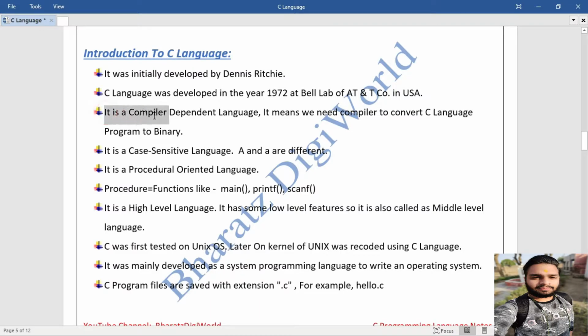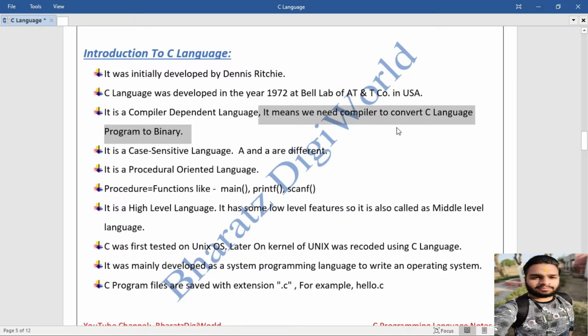C language is a compiler-dependent language. That means the program of C language is dependent on compiler. It means we need to compile our program to convert C language program into the binary language.